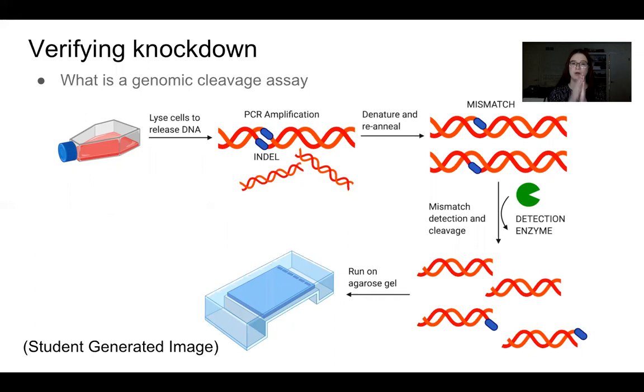For this, half of the DNA could have had a mutation and half of it could not have. And so this DNA was mismatched so that at least one part of every DNA strand would have the mutation. A detection enzyme was then applied to make cuts where the mutation should have been. And these were imaged on a 2% agarose gel.